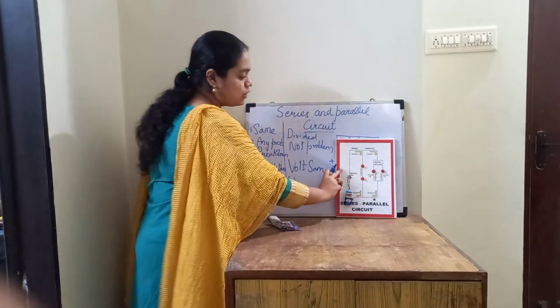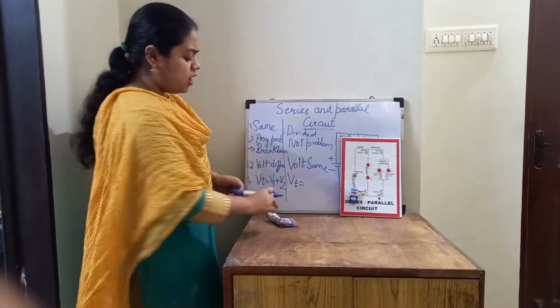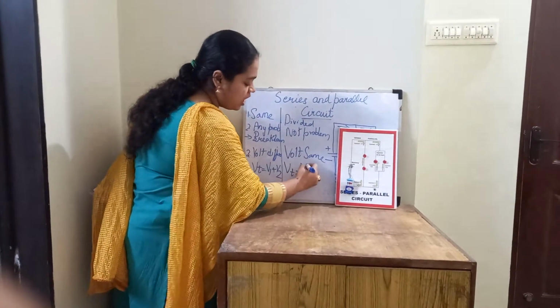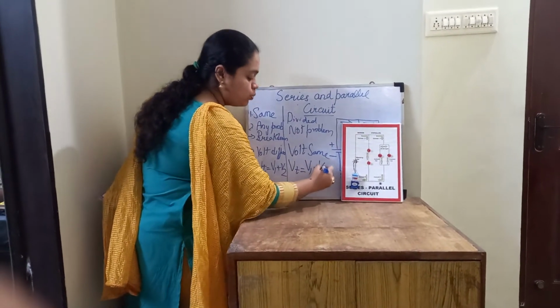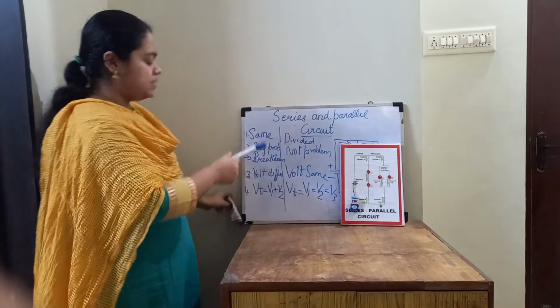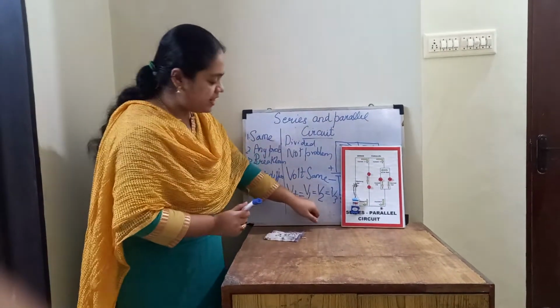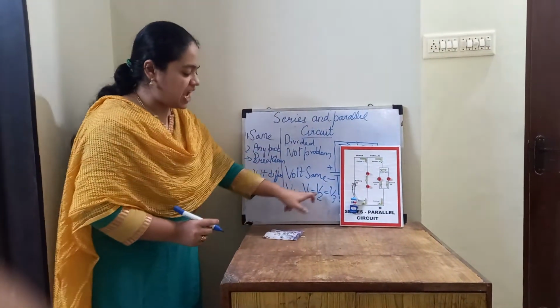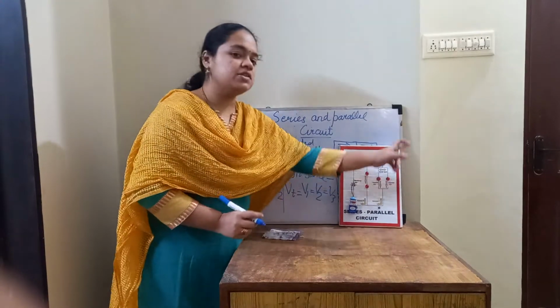So, how do we calculate the voltage? The voltage is calculated as Vt equals V1 equals V2 equals V3. However many there are, it will be the same because the voltage given from the battery is the same for all the branches.